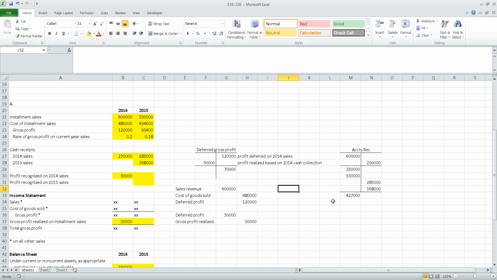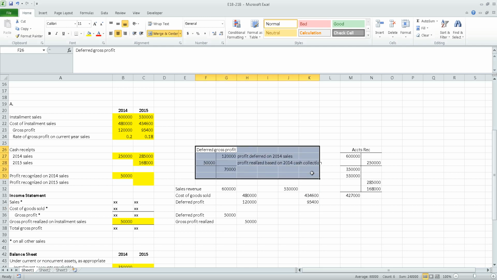We would debit installment sales $530,000, credit cost of goods sold for the cost of those sales, shown here to be $434,600, and then deferred profit would simply be credited for the difference between those two amounts, $95,400.